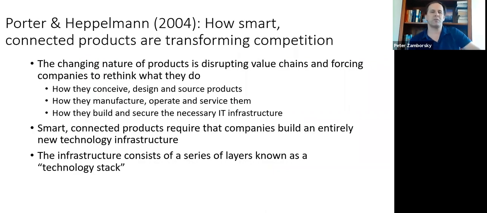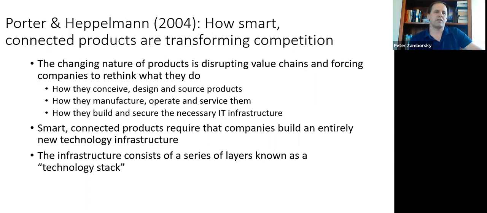I'll finish off with some of the more recent work by Mike Porter and his co-author, who's more of an IT guy. So this article from the Harvard Business Review is about smart connected products and how they transform competition. It's just pointing to the fact that industry boundaries are now much more fluid.